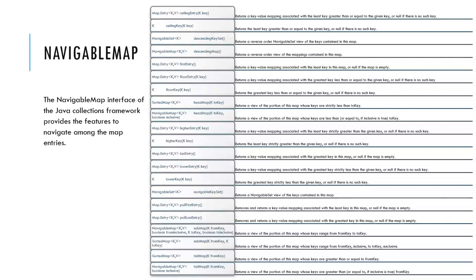Like here we have, for example, lower key, which returns the greatest key less than the argument key, also head map and so on. So it just extends the sorted map interface with navigation methods.